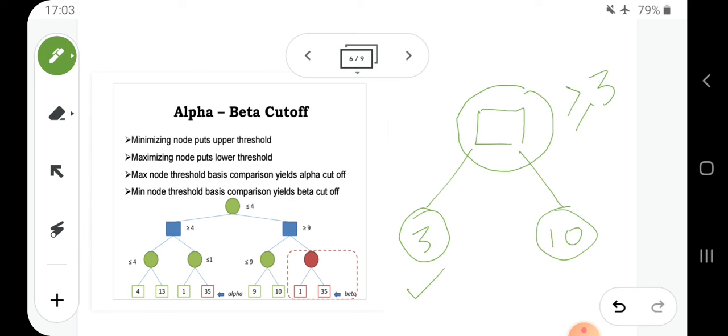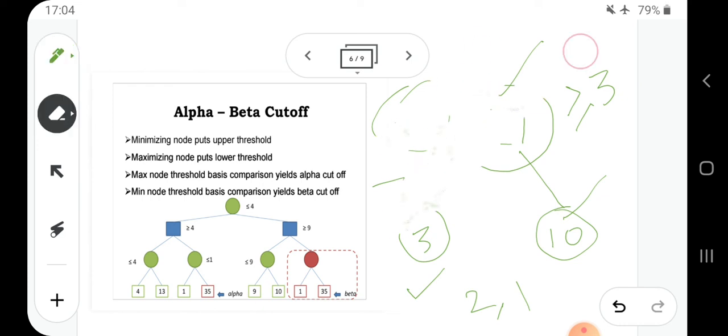Since the maximizing node always tries to maximize the value out of its options, once we get 3 on the first option, we can ensure that if the subsequent options have a better value than 3, that will be chosen by this node. But if it has some lesser value like 2 or 1, then that won't be selected. So this node will always return at least 3 or anything bigger. In this case, the right hand side node is 10, so it will select 10, which is greater than 3.